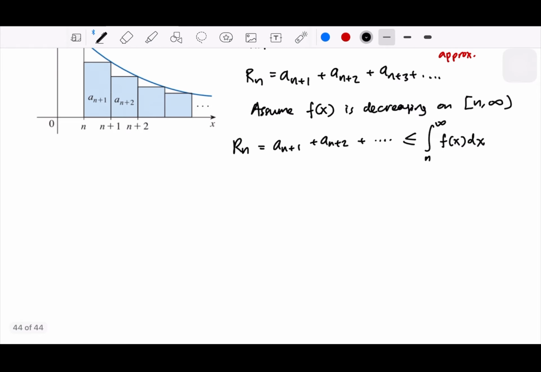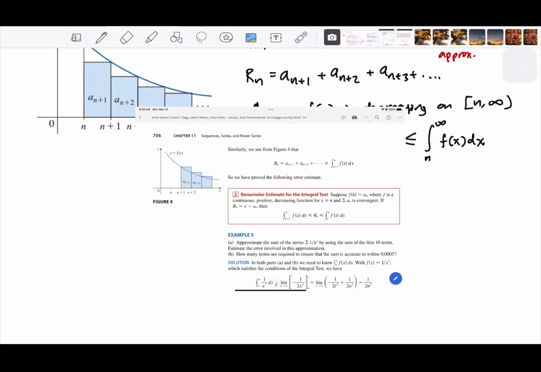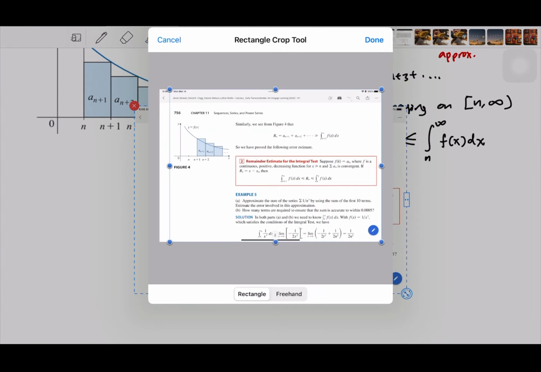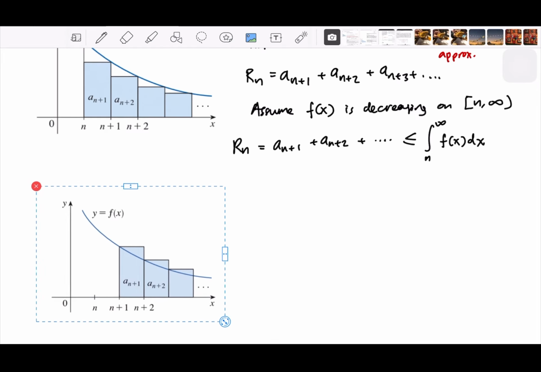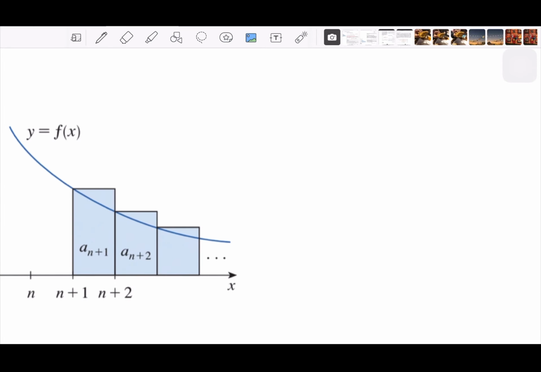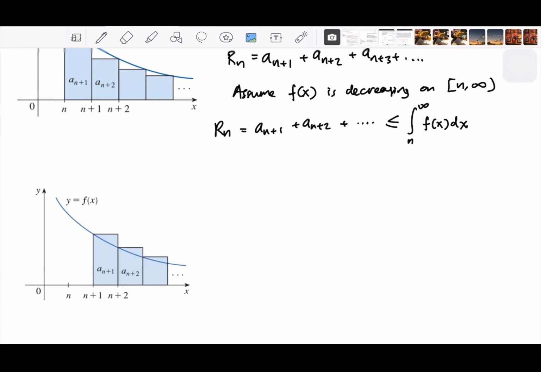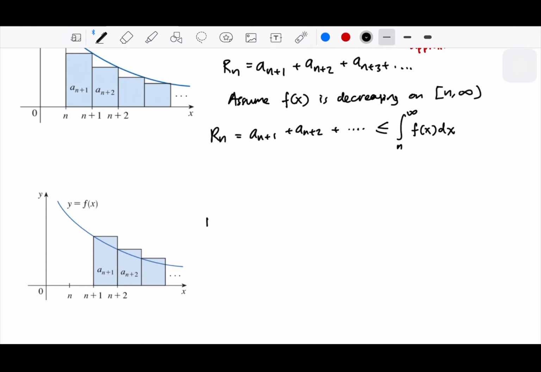And then if we have another kind of graph, now we have the overestimate, and it's also similar, but what we have here will be greater than or equal to the integral from n plus 1 of f of x dx.